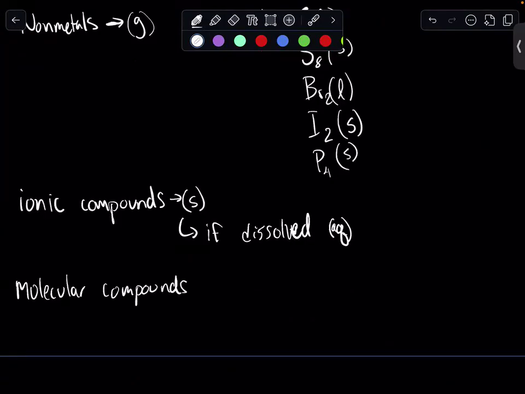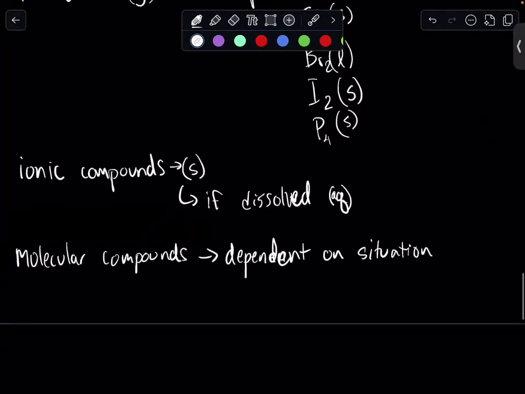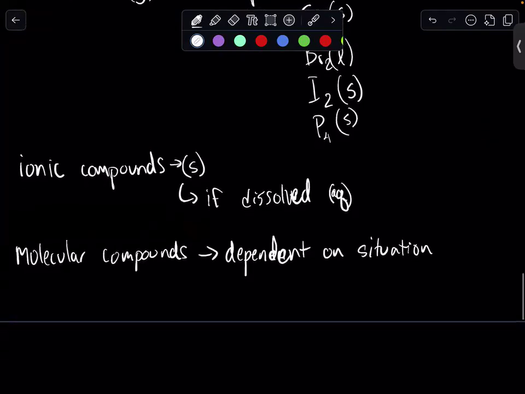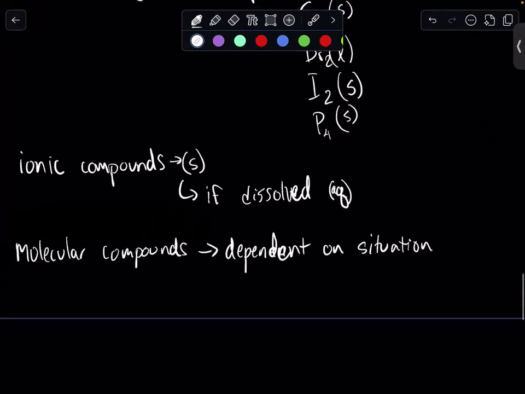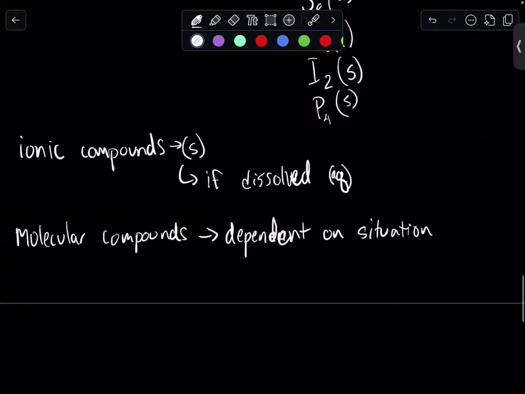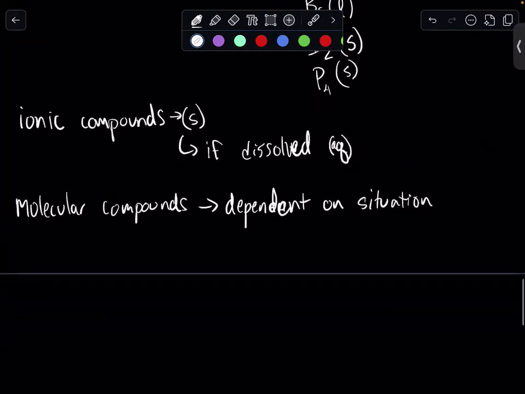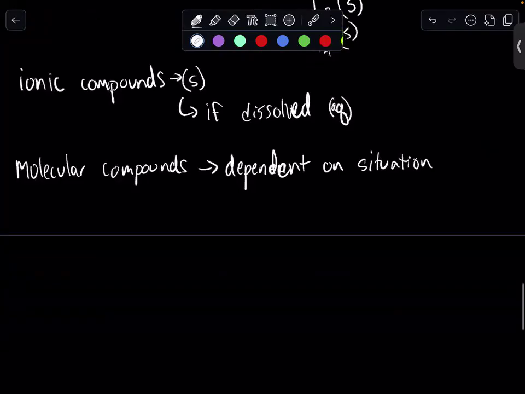Molecules are just dependent on the situation. So those will often be told to you, such as things like hydrazine or sucrose or hexane. The DP will tell you what you have to do with those.